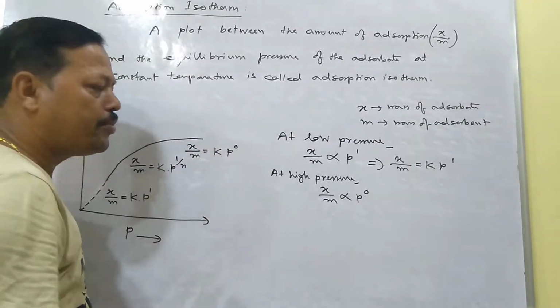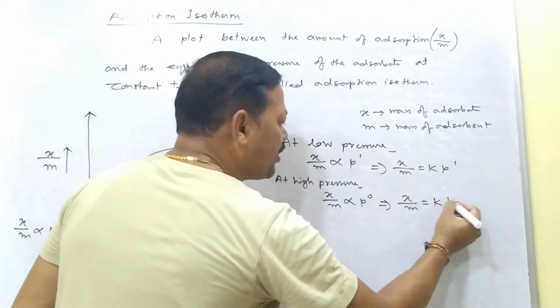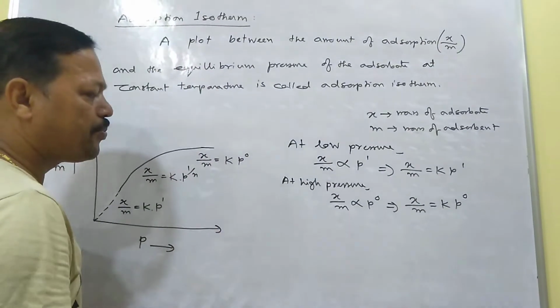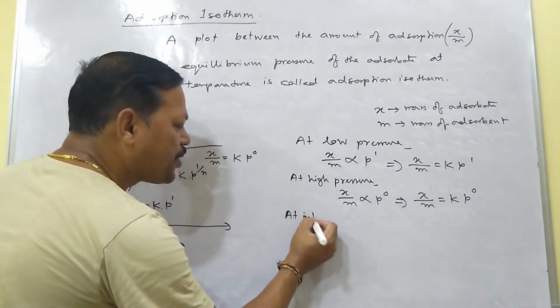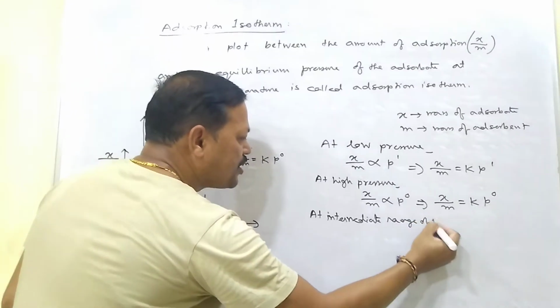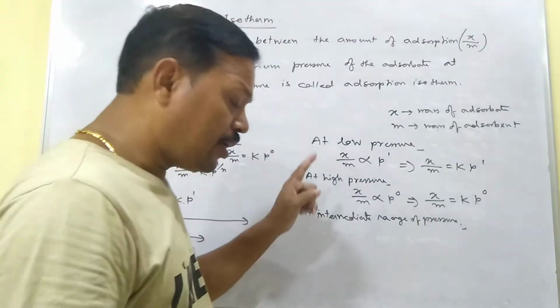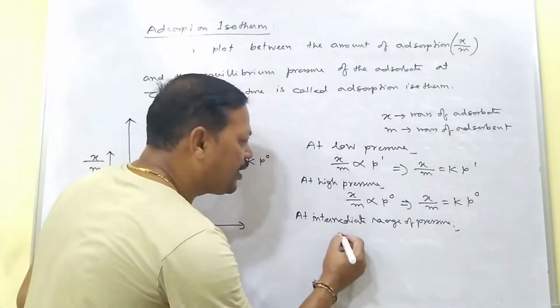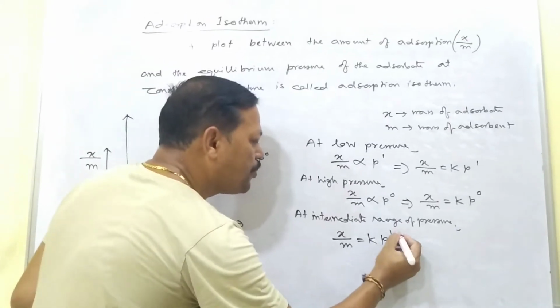That means you can write P to the power 0, or x by m equals k P to the power 0, independent of pressure. And at the intermediate range of pressure, x by m depends on P raised to powers between 0 and 1. So you can write x by m equals k into P to the power 1 by n.